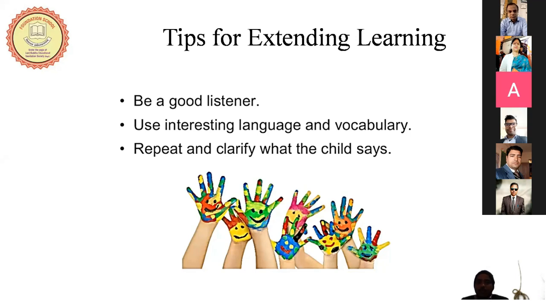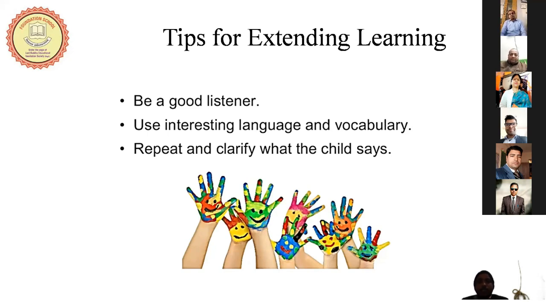Repeat and clarify what the child says. If a child is saying something, the best way to appreciate him inside the classroom is just to repeat his words. If you are asking a child to tell an example of a noun, and the child says pen, what we need to do as a teacher is not clap or something.